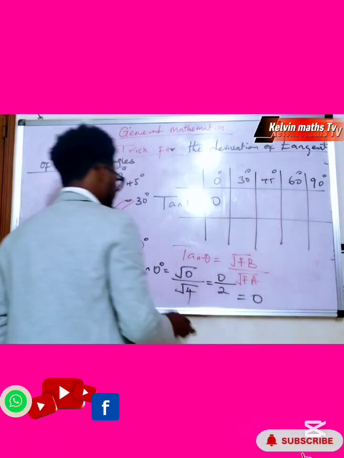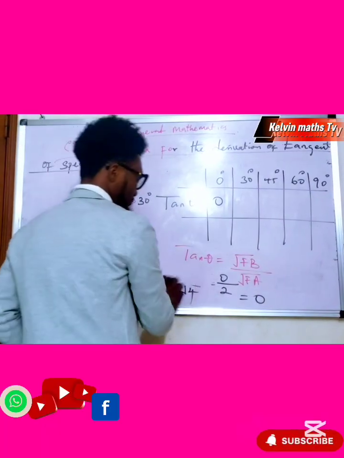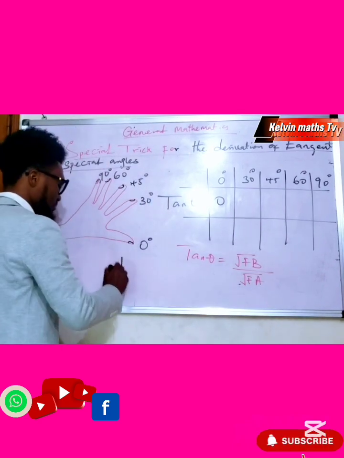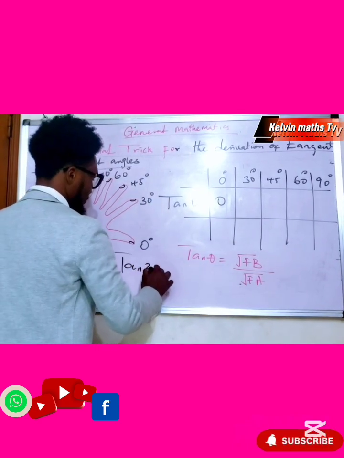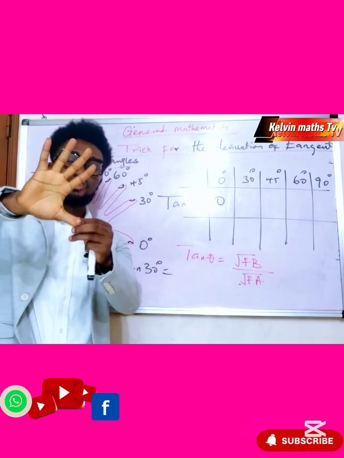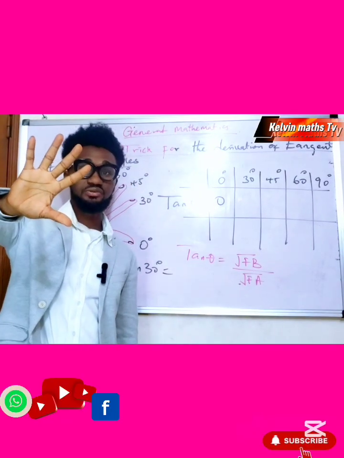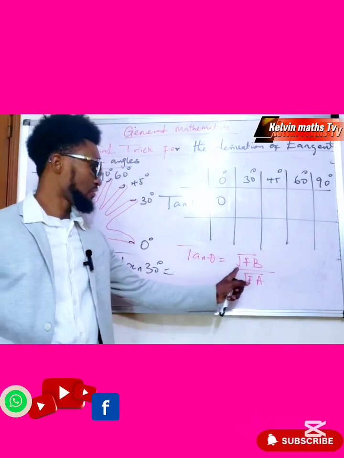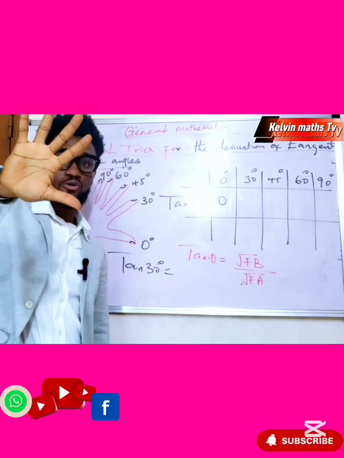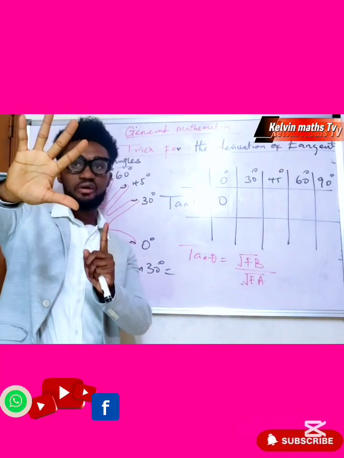Next up, we consider the tangent of 30 degrees. Now remember, from what I told you, this is 0 degrees and this is 30 degrees. From our formula, we'll have fingers below. How many fingers are below 30 degrees? 1 finger, right?